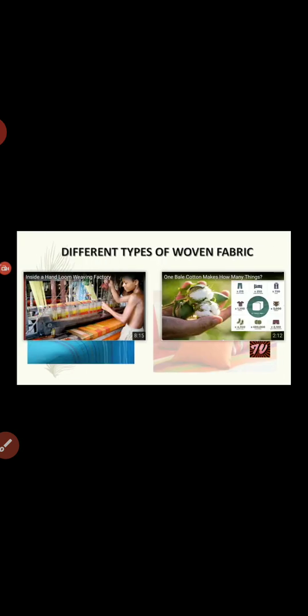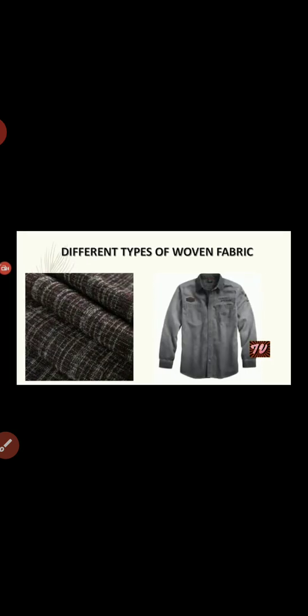That means most knitting is done by machinery only. These are the different types of woven fabrics here. As I told you, various fashion designers use these woven fabrics for making their clothes.